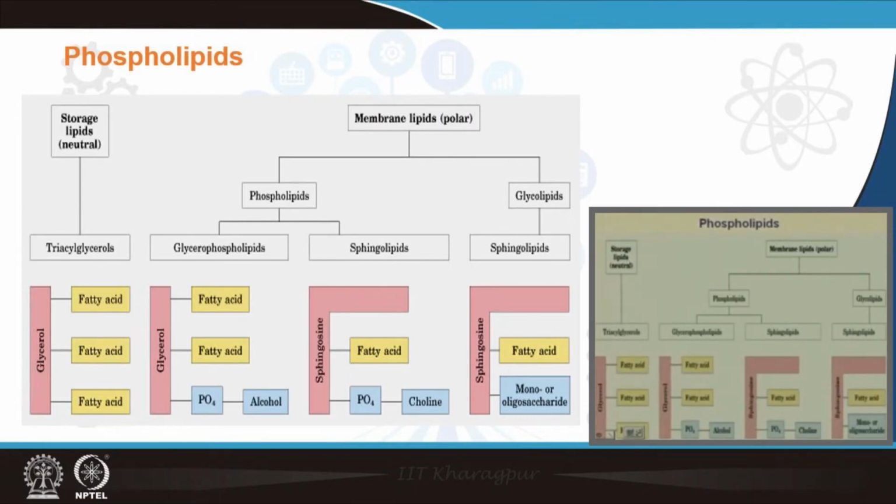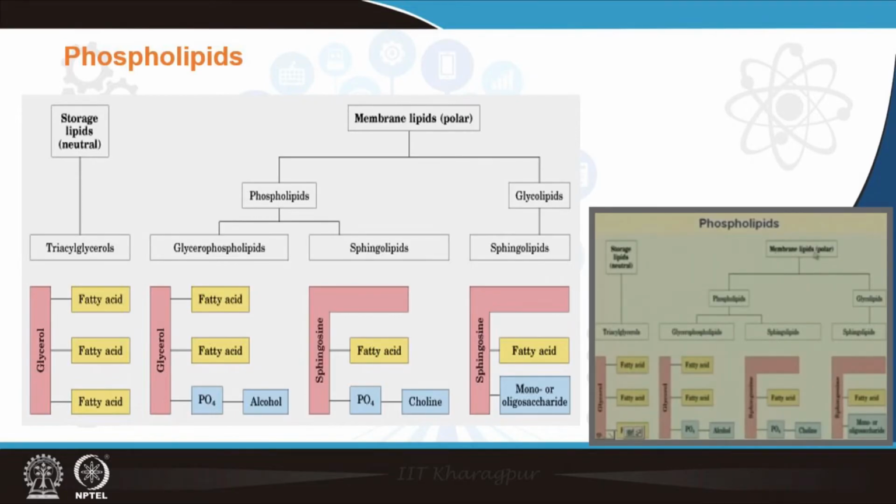Okay. We have membrane lipids. In the membrane lipids, we have phospholipids and glycolipids. In phospholipids, we can have glycerophospholipids or sphingolipids. Okay. It is just a breakup tree.